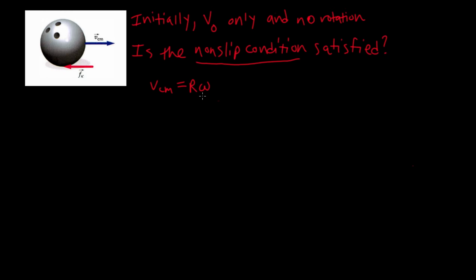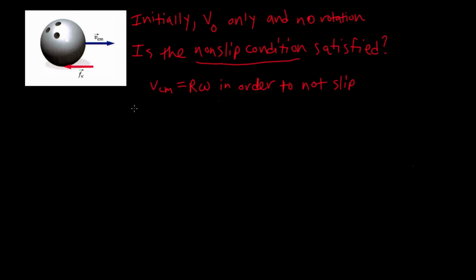This condition has to be met in order for the object to not slip. Meaning, the velocity of the center of mass has to equal the radius times the angular speed. And if this condition is satisfied, then we know that the object will not slip.